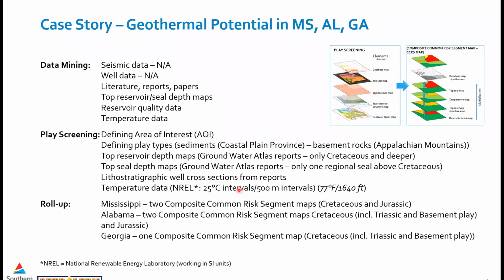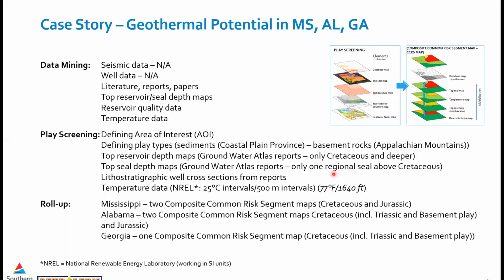For the top reservoir depth maps and for the top seal depth maps, we found some information that we could use in the USGS groundwater atlas reports, and we used some maps from the Cretaceous and deeper. We have only been dealing with one seal above the Cretaceous, because that was one of the regional seals that we saw, we could take from one state to the next.